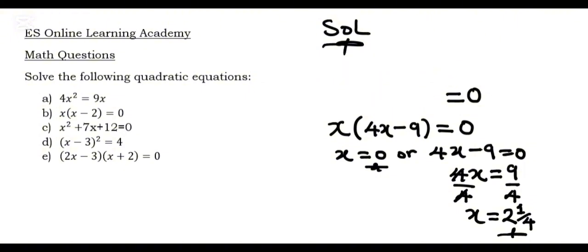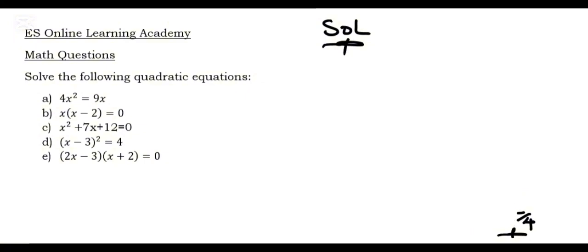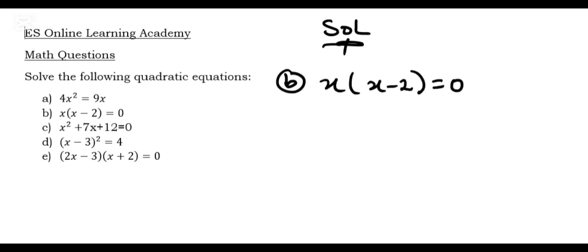to solve the equation on B, which is x open bracket x minus 2 close bracket equal to 0. So here already x is multiplying with x minus 2 in brackets.